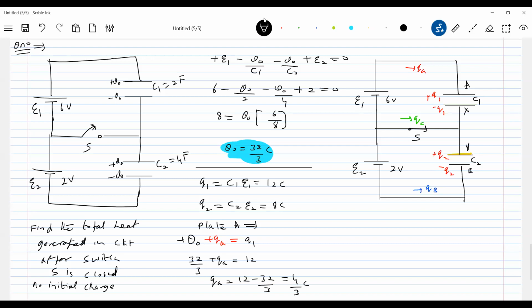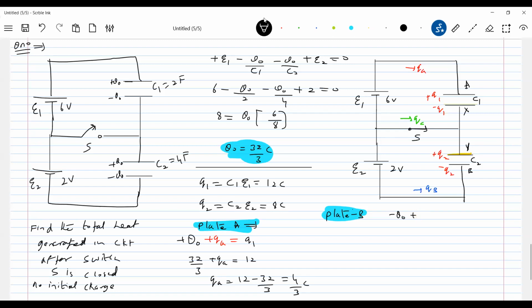Similarly, we'll analyze plate B. At plate B, look at this. What was the charge? Minus Q0.